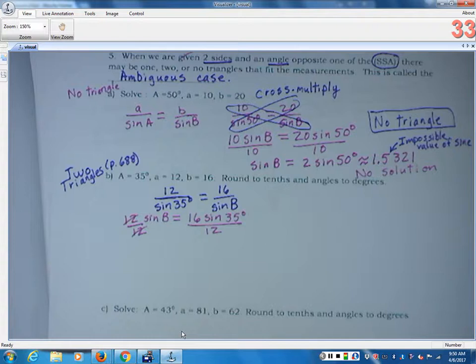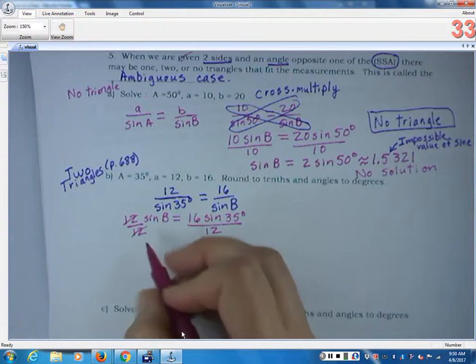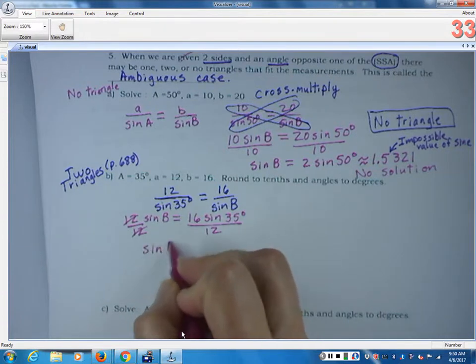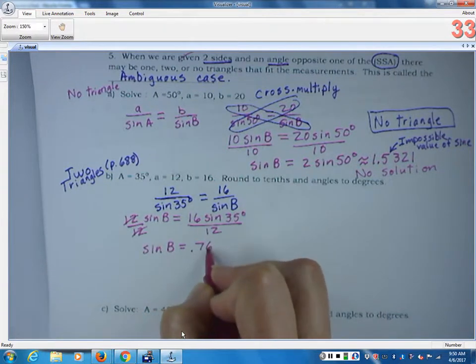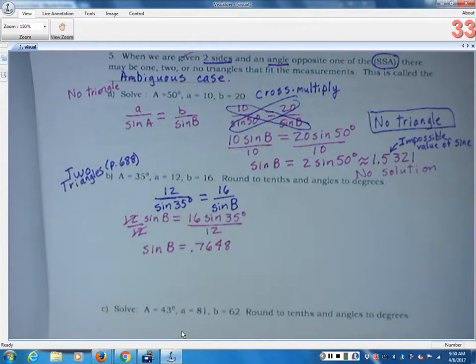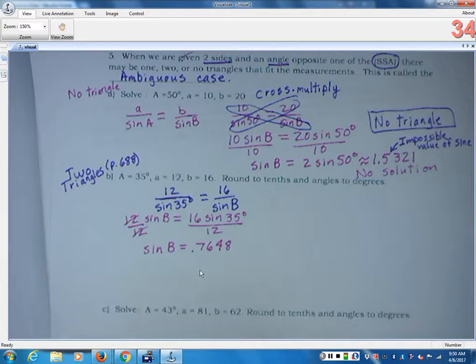If I do that in the calculator, I got sine B was 0.7648. All right, so 0.7648. Remember, this is positive, so where is sine positive? Which quadrants? 1 and 2.